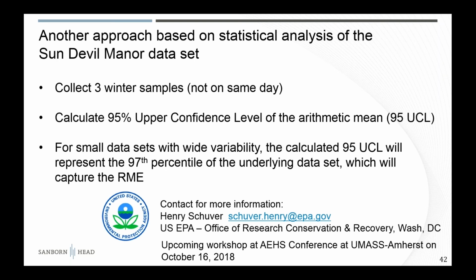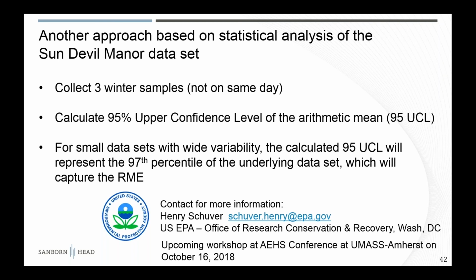And one last thing I wanted to mention, based on the statistical analysis done so far, there is some suggestion, at least based on the Sun Devil Manor data set, that if you collect 3 winter samples, same winter but on different days, spaced apart at least a few weeks, so you're getting independent samples, and calculate the 95% upper confidence level of the mean of those samples, that is equivalent to the 95th percentile of the distribution of TCE that could be in that structure.